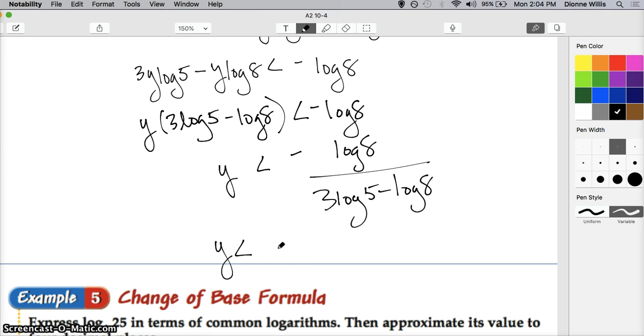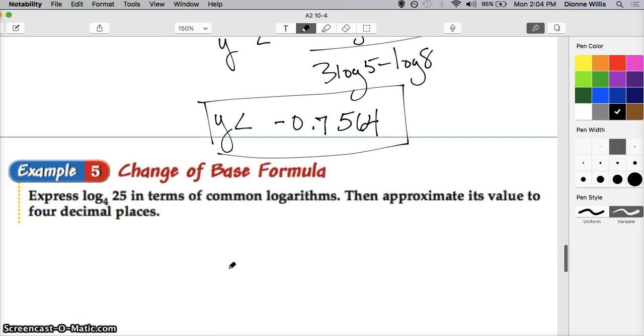I hope you don't feel bad that I'm cheating us out of the experience of pushing calculator buttons. I just don't want our video to be too long. 0.7564, negative 0.7564. And of course we can plug this back in, and feel free to do so. Plug it back in and check to make sure that it satisfies your answer. And when you check it, it will work.